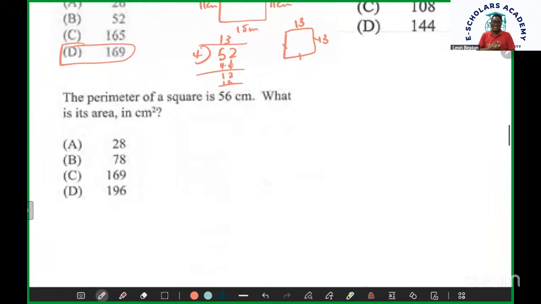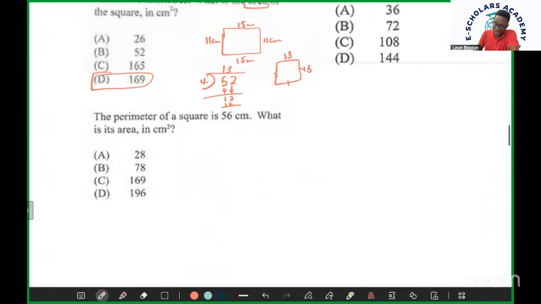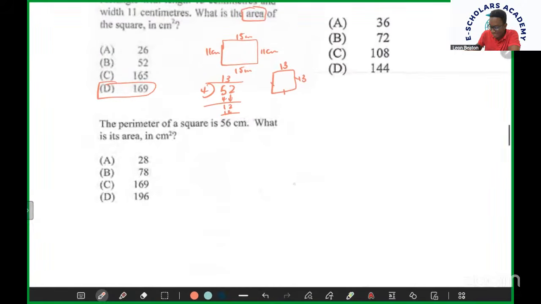You're smarter than that. The perimeter of a square is 56. What is the area of the square in cm squared? So the perimeter is 56, and we add up all the sides to get 56.